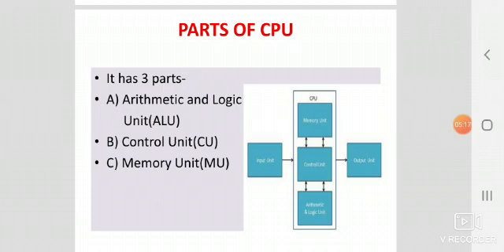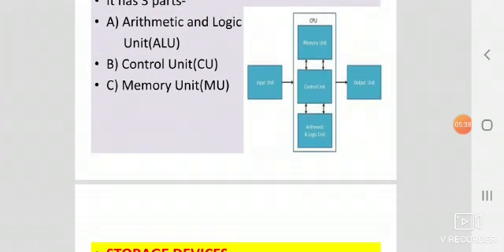ALU part of CPU does the calculations and comparisons. The information needed to perform the calculations is stored in MU. CU controls the movement of information between ALU and MU. It also coordinates between the input unit and the output unit.